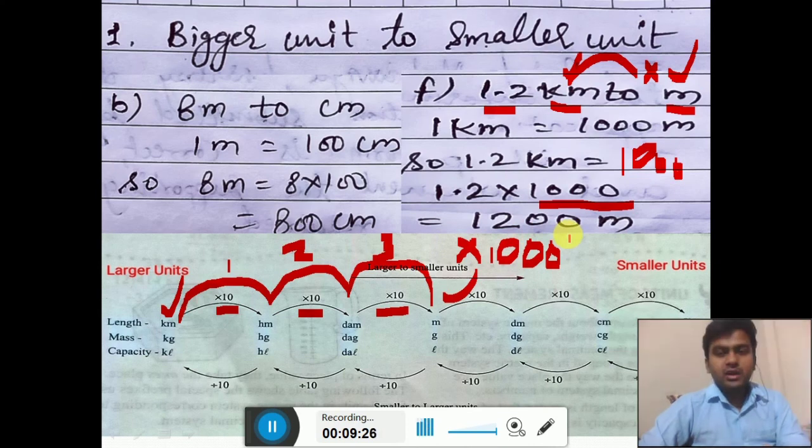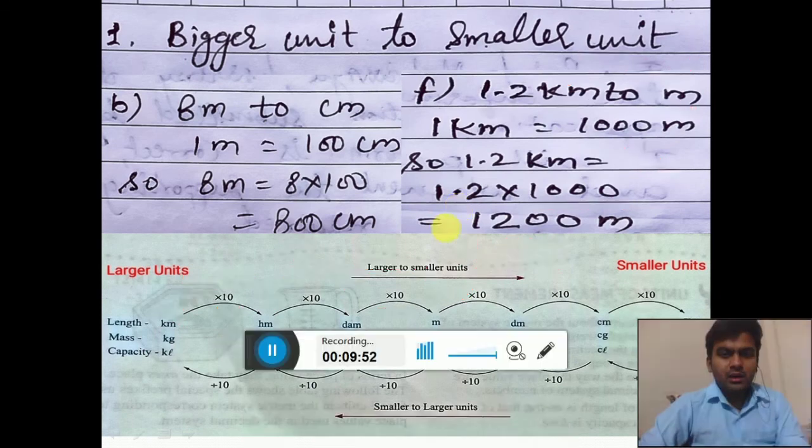How did you get this? That we also discussed in the previous exercise. When you are multiplying a decimal number by 10, 100 or 1000, you have to move the decimal point by as many places as the number of zeros after 1.